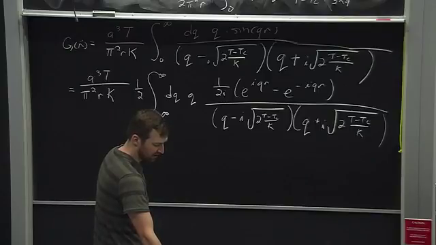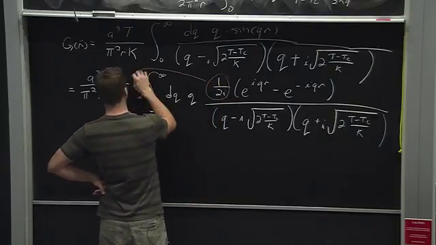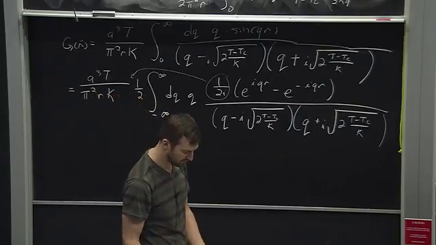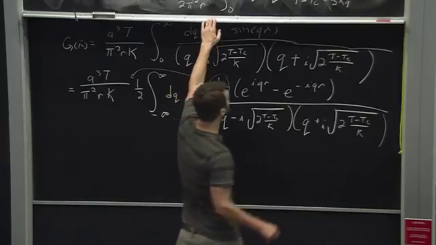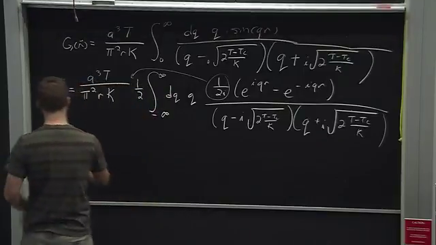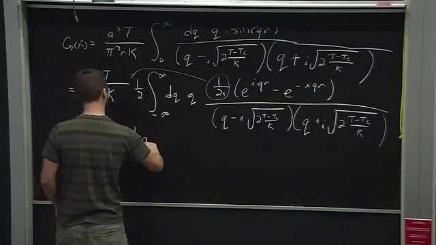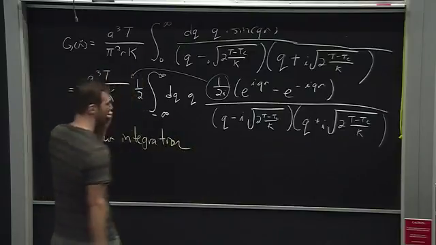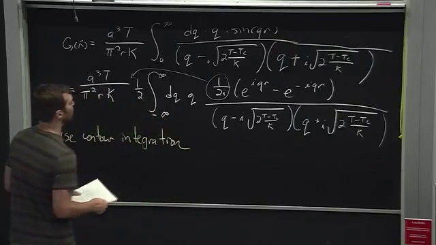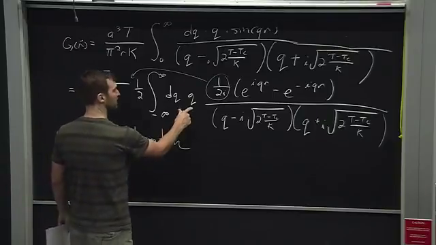I think I can do this now. I just pull this 2i out front, and then I have something that looks like a contour integral. I feel like I need a Q out front in order to do this integral. Oh yeah, here it is. Okay, so this is good.